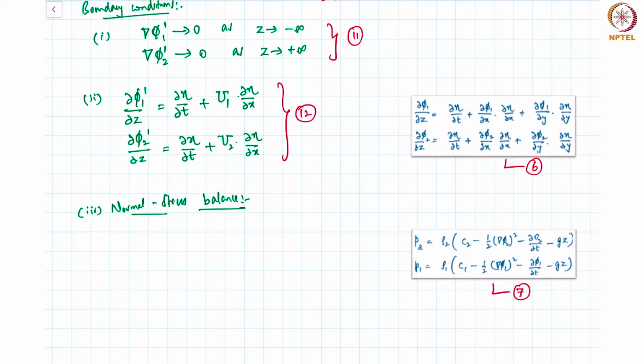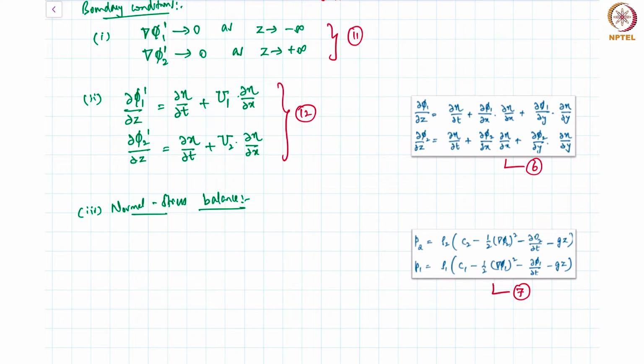Let's basically look at this normal stress balance term. Now again, notice that the constants C1 and C2 get cancelled out by the base flow quantities, because we already have shown that equation 8 essentially says rho 2 times C2 minus half U2 square is rho 1 times C1 minus half U1 square.